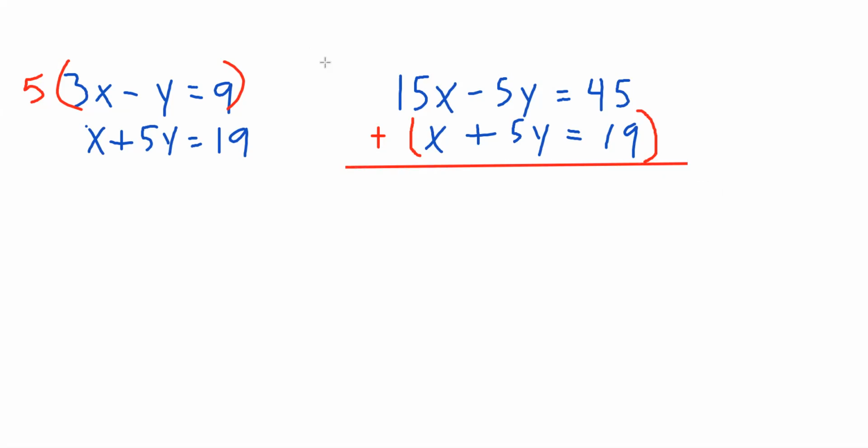Now, let's see. 15x plus regular x is 16x, but negative 5y plus 5y, that's gone. Y is completely gone now, which is great. And then 45 plus 19, you might see, is 64.